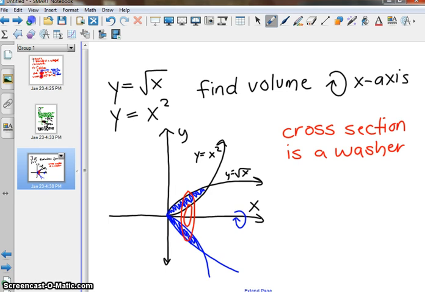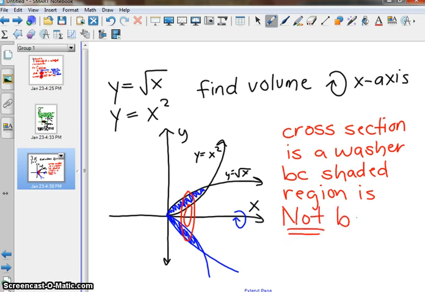This area, the bounded area, this region here, the blue region, is not bounded by the axis of rotation. Axis.